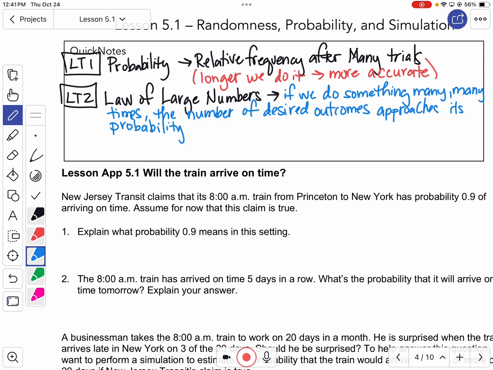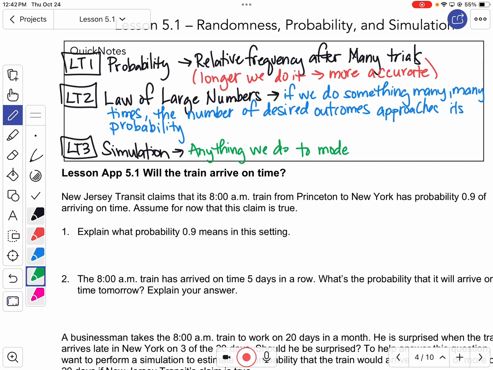And then a simulation is just anything that we do to model chance.